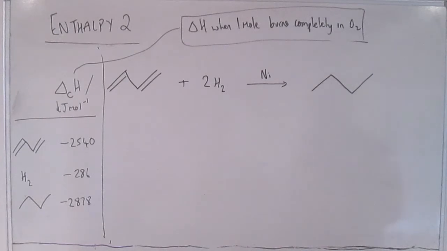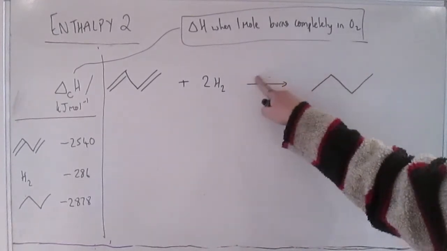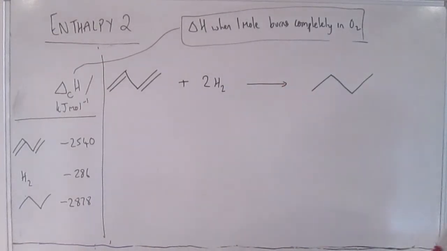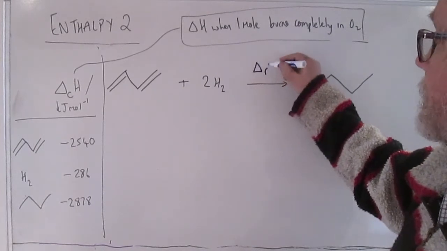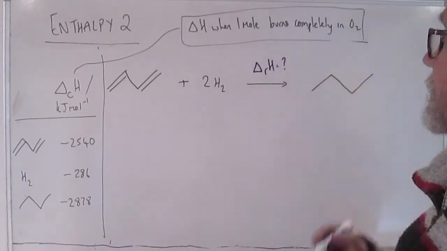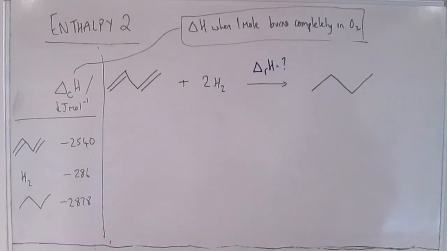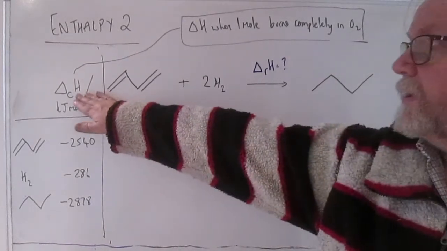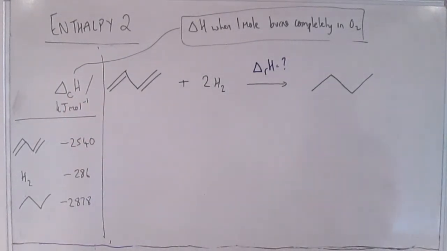And the data we've got to play with in order to work out this number, so this is what we're trying to find, is delta H of reaction here for this process. And the numbers we've got to play with are not enthalpies of formation, they're enthalpy changes of combustion.